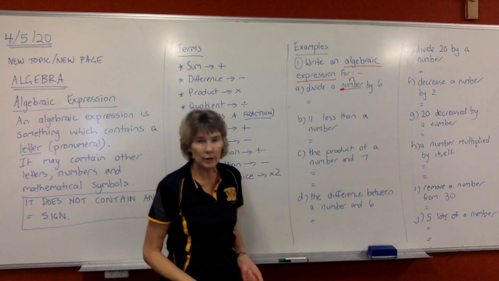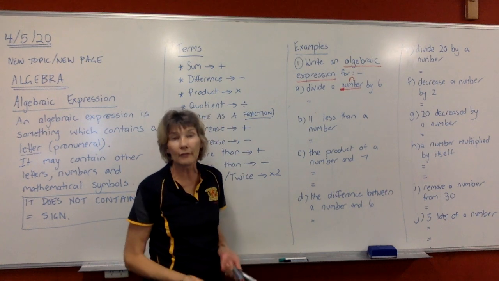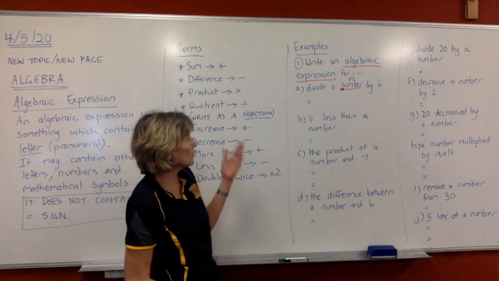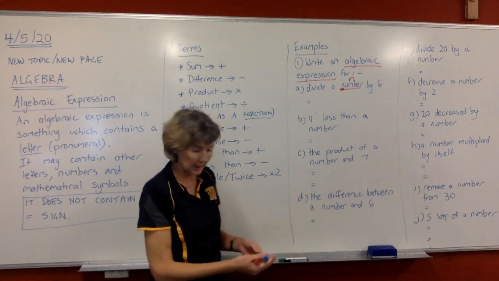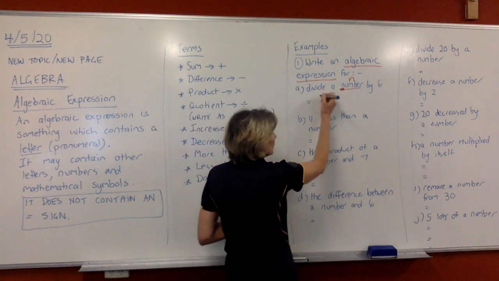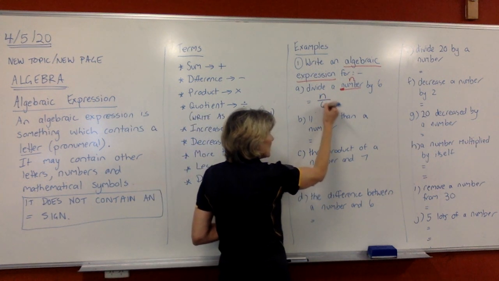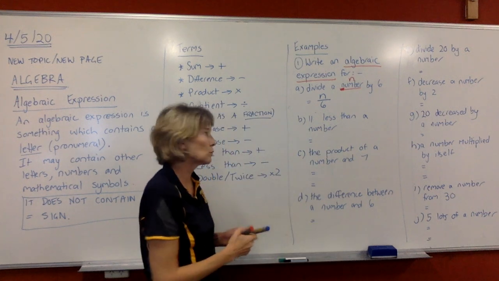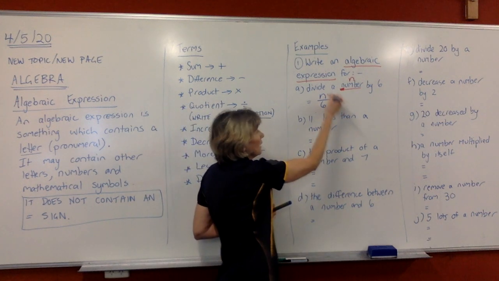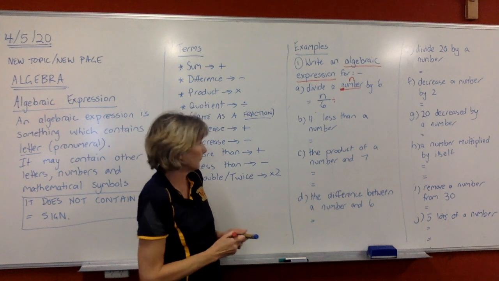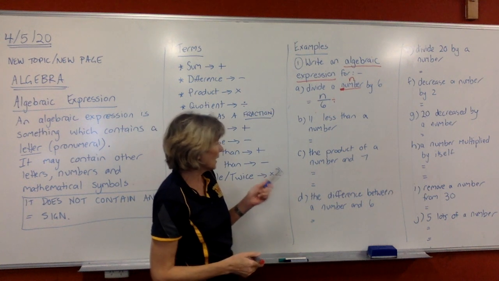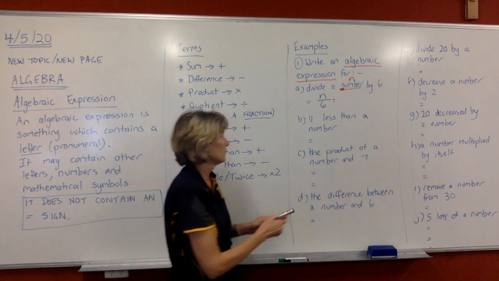If you want to use an X, you can. So if we're going to divide N by 6, we're going to write N divided by 6. Remember I said all divisions we're going to write as a fraction? So that's your answer.